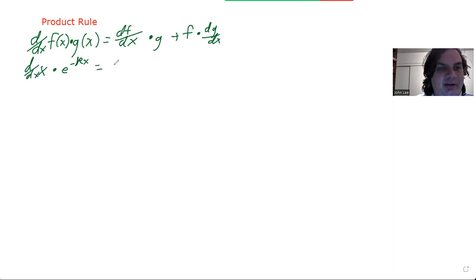So that is going to be equal to 1 times e to the negative kx plus x times negative k times e to the negative kx, which is equal to 1 minus kx e to the negative kx.